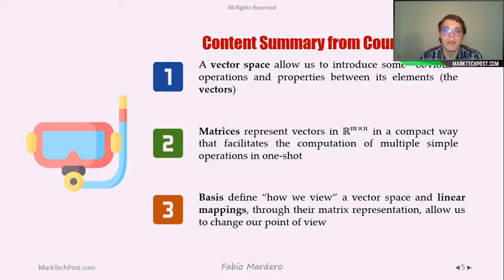We then defined the matrices, which represent vectors in a particular vector space, and allow us to represent those vectors in a compact way that facilitates the computation of multiple simple operations in one shot. We then defined the basis, which is how we view a vector space, our set of coordinates. And we've seen that through linear mappings, we are able to change our point of view, our coordinate system.